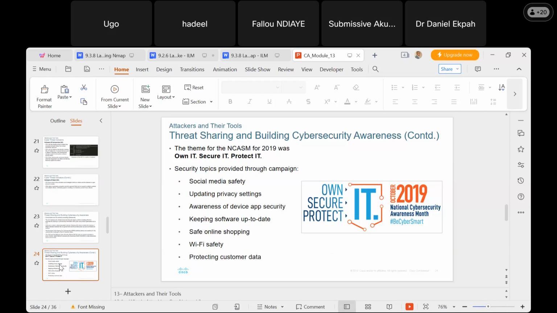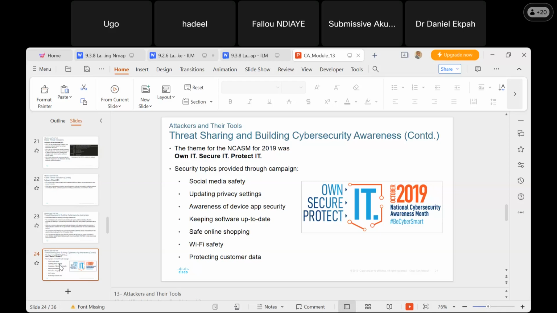One is social media safety. Two, updating privacy settings. Awareness of device and app security. Keeping software up to date. Safe online shopping. Wi-Fi safety. And then protecting customer data.